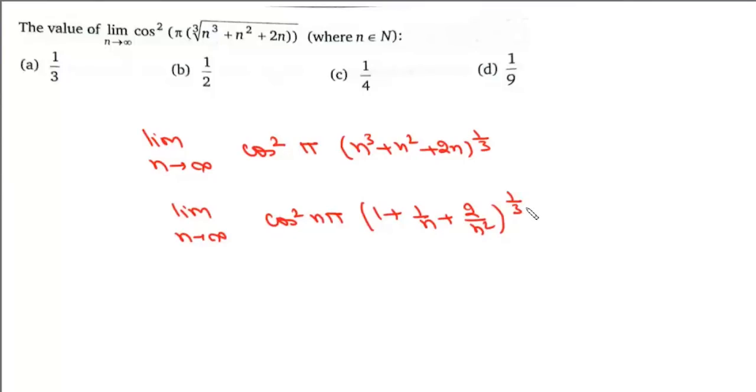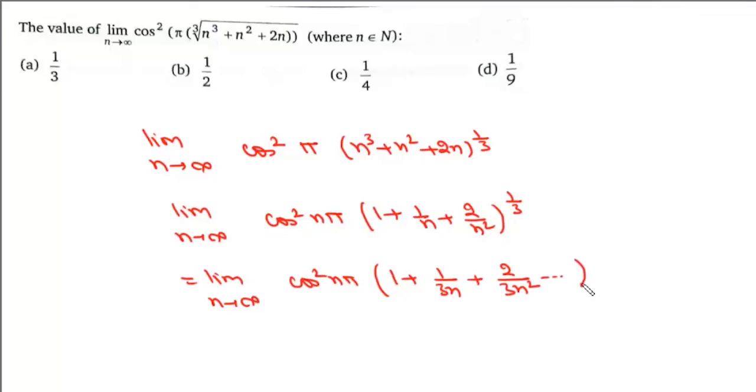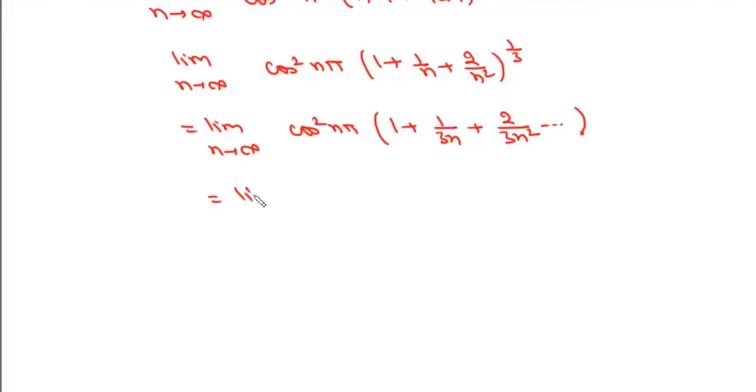Now what we'll do is, we'll use binomial expansion. So we'll write this as limit n tends to infinite cos square n pi, and here it will be 1 plus 1 by 3n plus 2 by 3n square plus higher power of 1 by n. Now we'll write this as limit n tends to infinite.